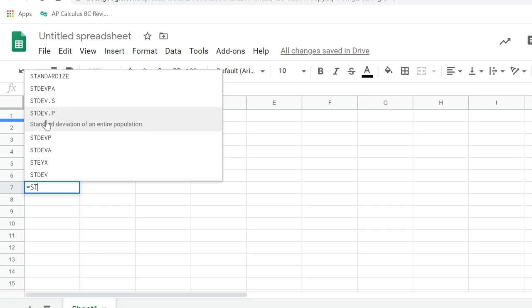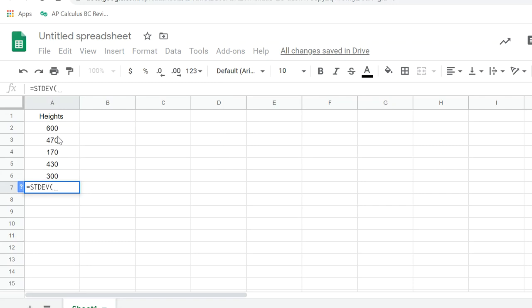So if you choose one of these, STDEV.S, that's sample, whereas this is the entire population. So the normal standard deviation is automatically going to be of a sample because they're assuming most of the time you do not have every single person that the criterion applies to. So standard deviation of the sample.